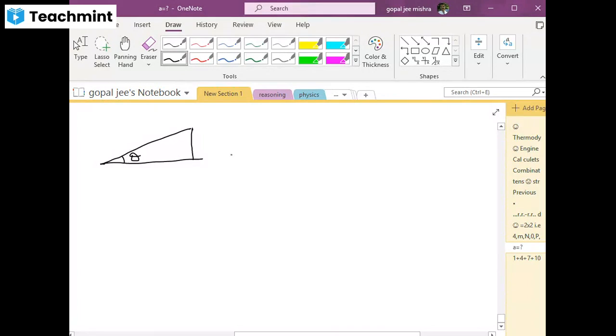What will happen? Just see it. This theta has been decreased. After that, one more time I have decreased this theta. After that, one more time I will decrease this theta.